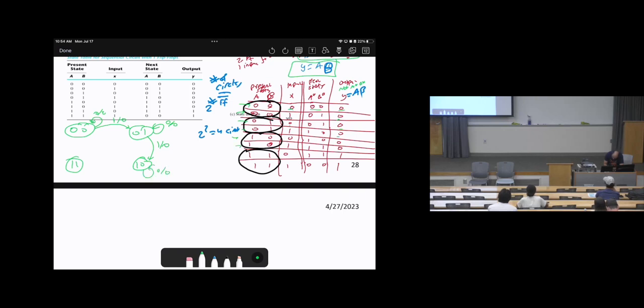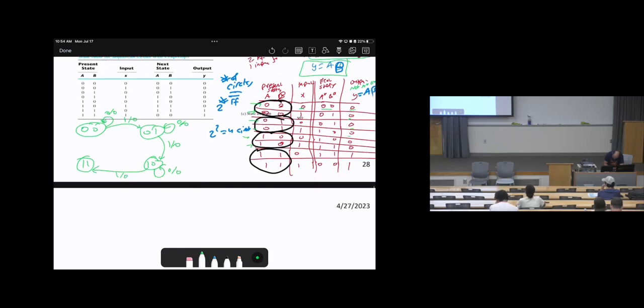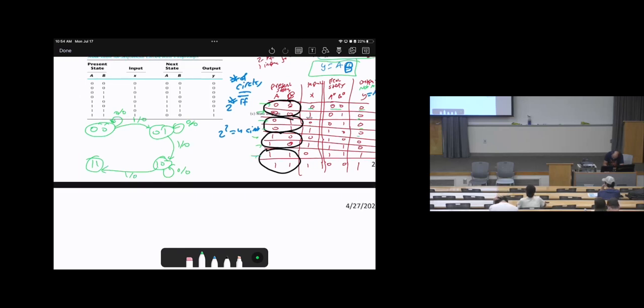If the input is 1, it will go to 1 1, and the output is 0. Then with 1 1, if the input is 0, it will remain at 1 1, and the output is 1. If the input is 1, it will go to 0 0, and the output is 1.